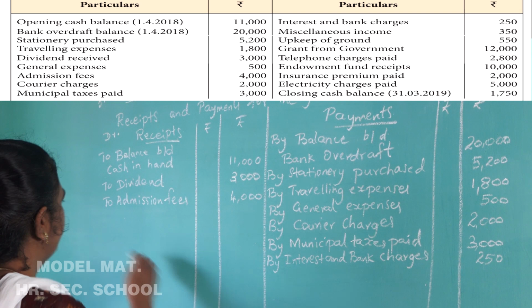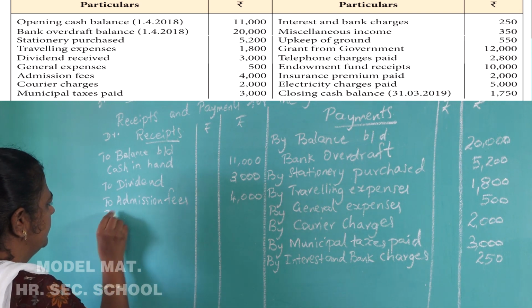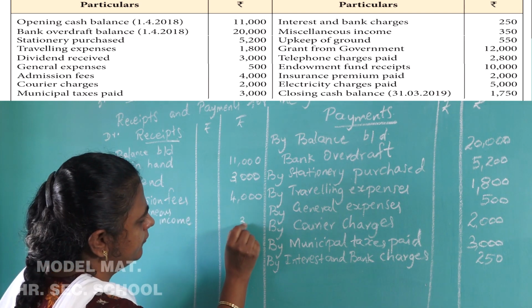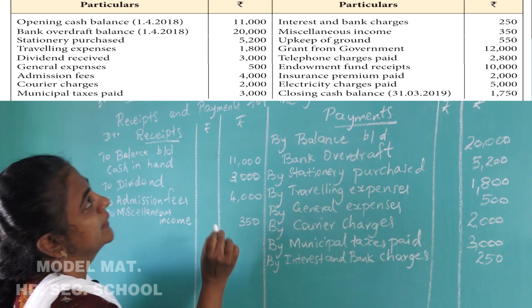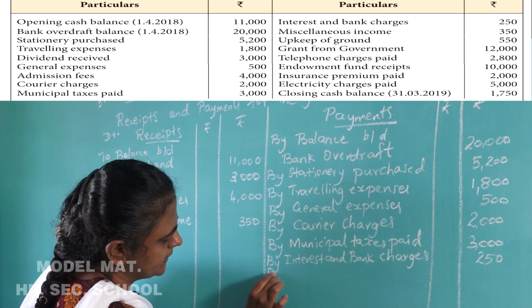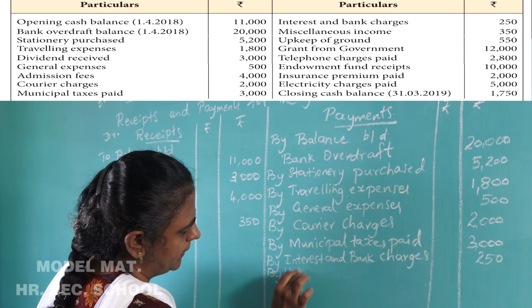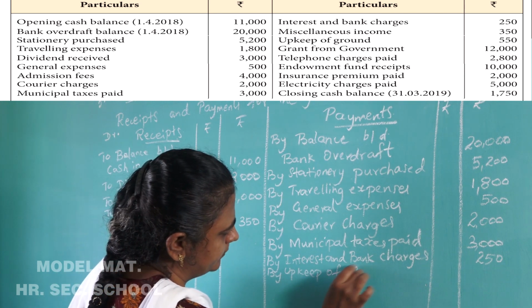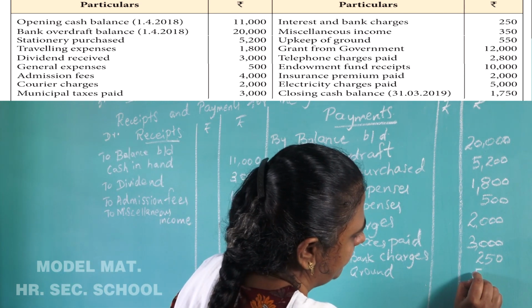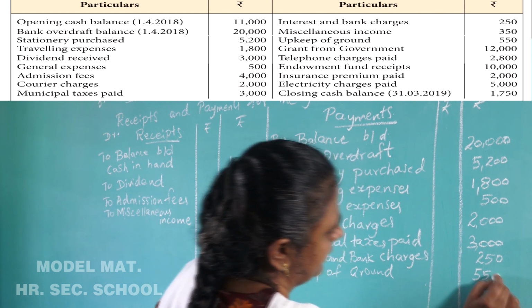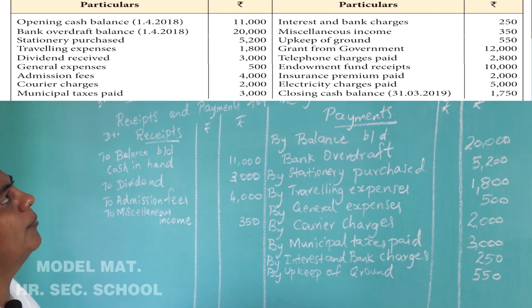Miscellaneous income 350. It's an income. To miscellaneous income 350. Next, upkeep of ground, it is an expense. By upkeep of ground 550. Okay. Grant from government 12,000.